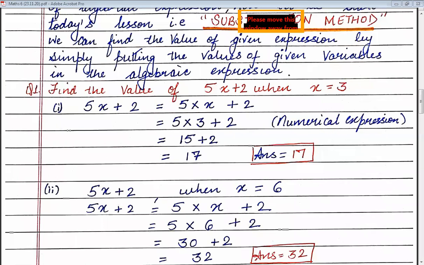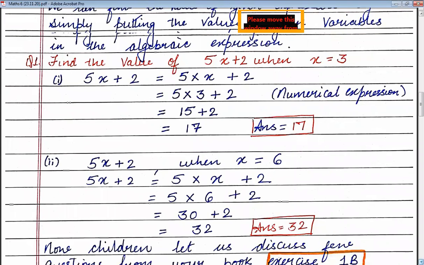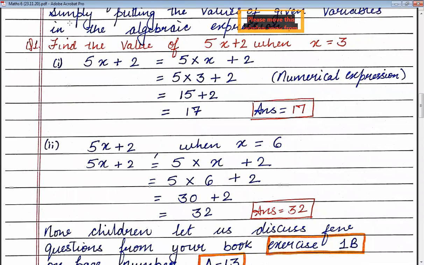So now your algebraic expression will be 5 into 6 plus 2. What is your algebraic expression now? 5 into 6 plus 2. Now let us solve the numerical expression, because your algebraic expression has now become a numerical expression.